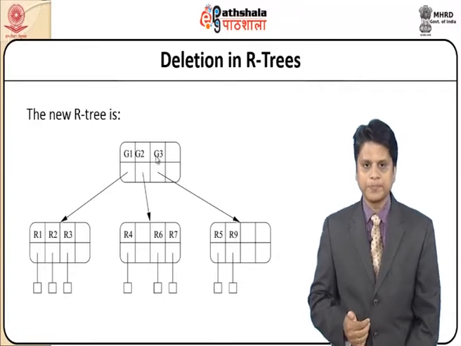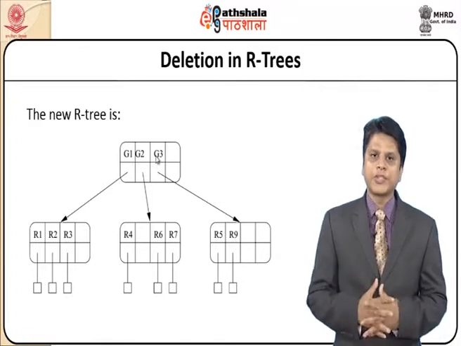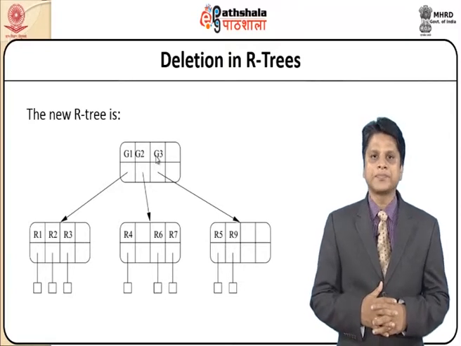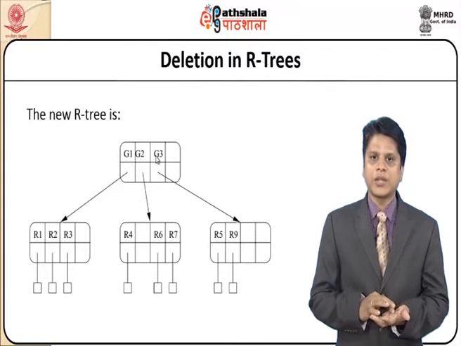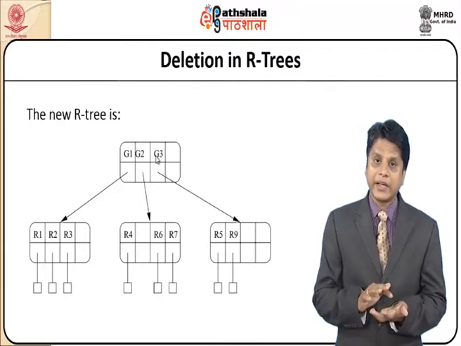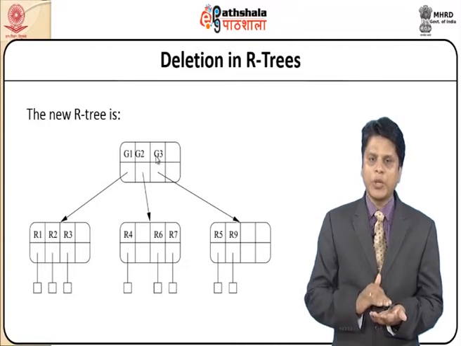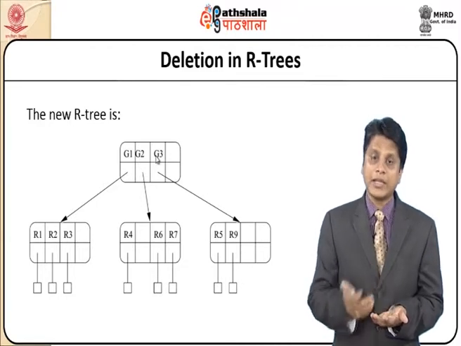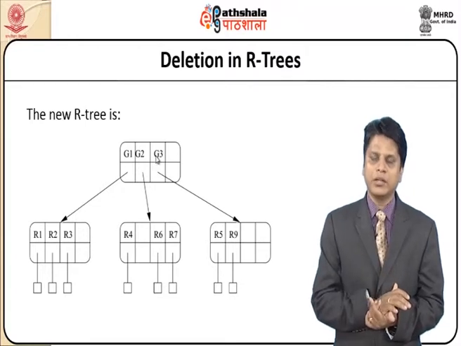So, when we understand the procedure of these R-trees, the concentration is not on the point, rather it is on the rectangle. When we plot the rectangles, there is a large difference between two different points and two different rectangles which are mapped together.